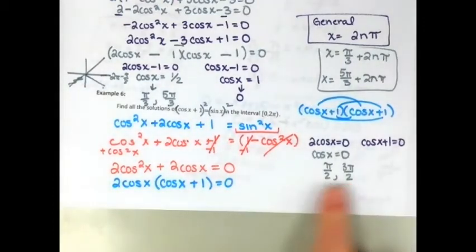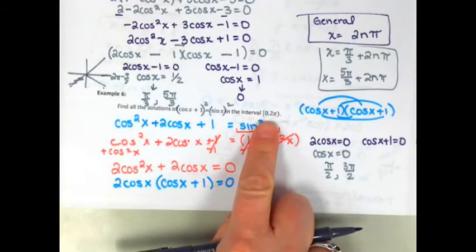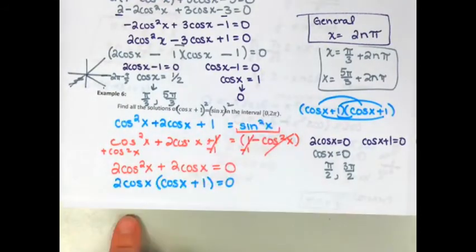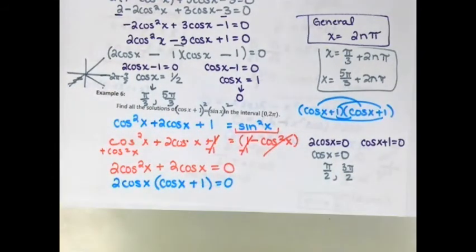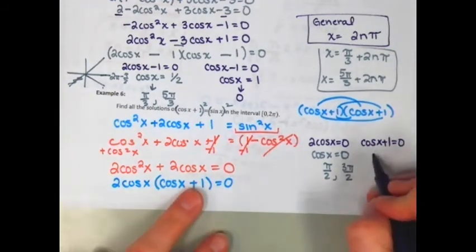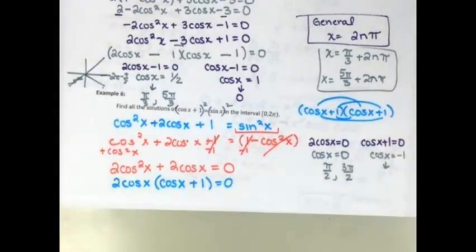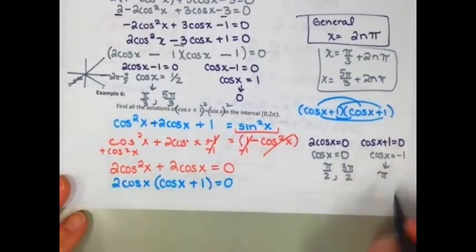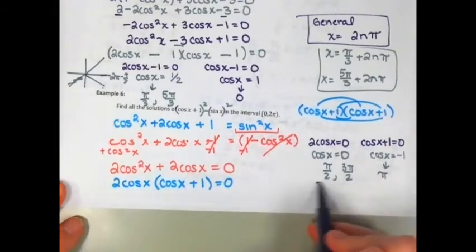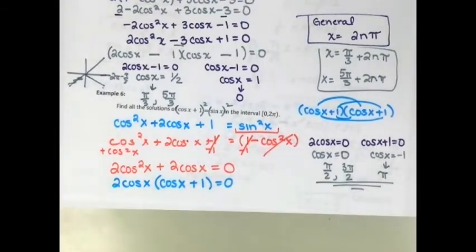Now, are both of these in between the interval of 0 and 2 pi? Yes, okay. So now let's keep going on this. We're not done yet, but subtract the 1, right? So when is my cosine negative 1? So when is my x negative 1? At pi. Is that in between? Yes.